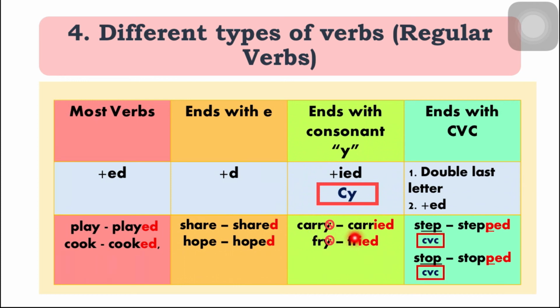So what I mean here is when the word ends with a consonant plus a Y, for example, carry, R is a consonant, and Y. Only in this case can we delete the Y and add IED. Whereas for this one, before Y is not a consonant, A is a vowel, so we stick to plus ED. And we can see here, fried. R is a consonant, and there's Y. So we can use this formula, minus Y and plus IED.